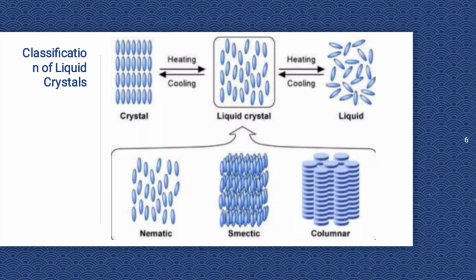Likewise, when liquid condenses, it converts into liquid crystals, and when cooled further it converts into crystal. So this liquid crystal is an intermediate phase between the solids as well as the liquids. And again, these liquid crystals are subdivided into three types, which you can see below. This differentiation is based on the positions of the molecules.